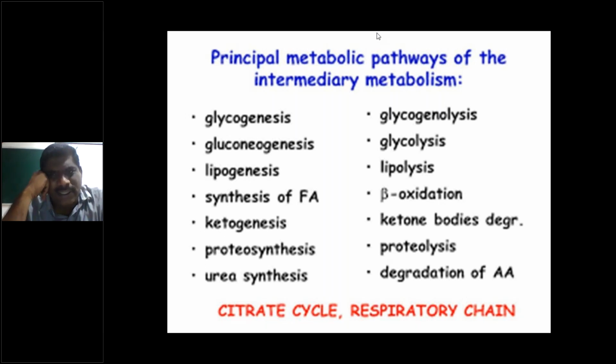Genesis means birth, the synthesis, such as the synthesis of glycogen. During glycogenolysis, glycolysis, lipolysis, beta oxidation, ketone body degradation, proteolysis, and degradation of amino acids, all these take place during starvation conditions.